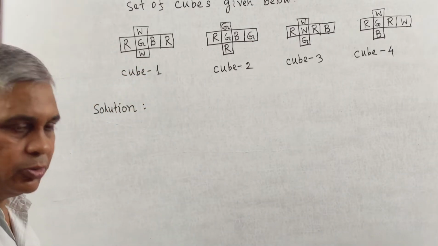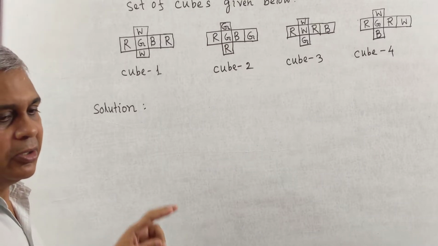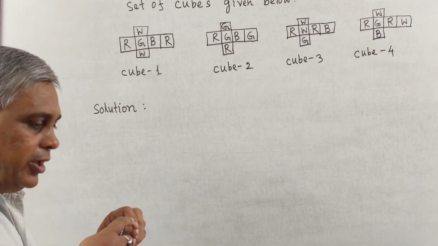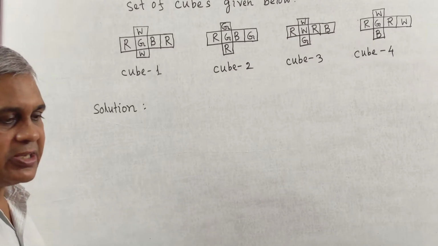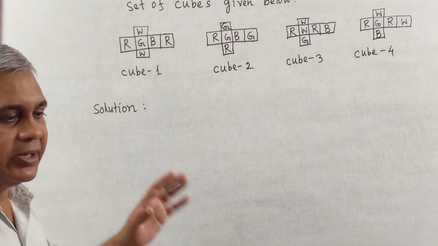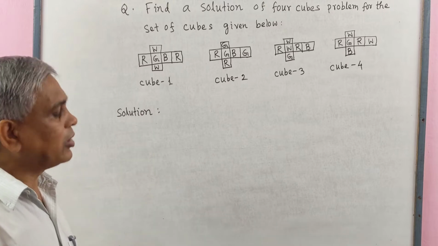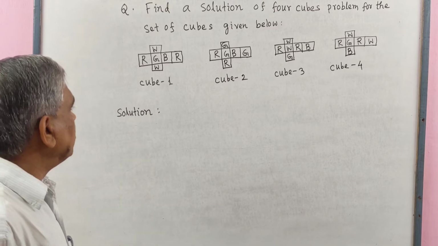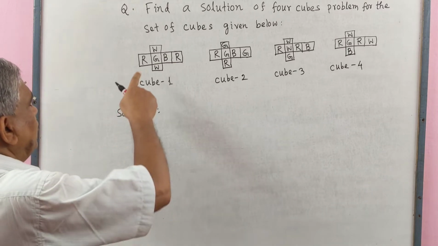We shall have to draw graph by joining two opposite faces. Each color is treated as a vertex of the graph. Here we have four colors, so we take four vertices of four colors.